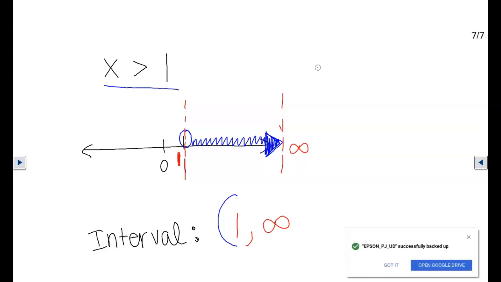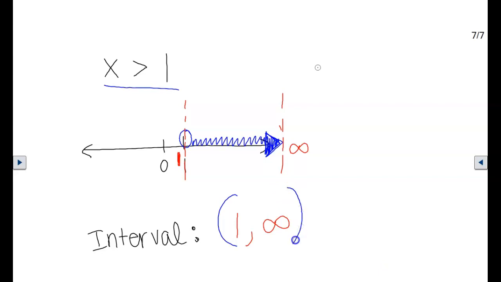Now, for the other end of this, we have infinity. And here's what we need to keep in mind about infinity. Infinity is not an exact amount. It doesn't have an exact numerical value. So x can't actually be equal to infinity because it's indefinite. We have no idea what it really is.